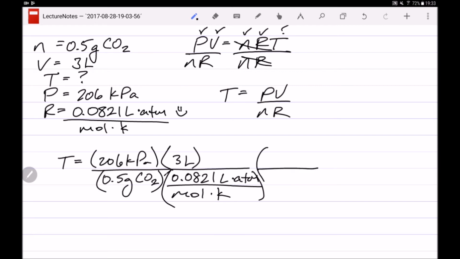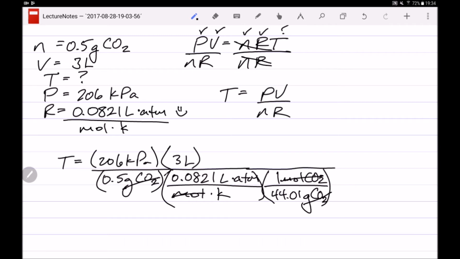Now we do moles to cancel with grams, except that we're working down here, I guess. So the molar mass is 44.01 grams of CO2 for every 1 mole of CO2. So mole cancels with moles, and grams cancels with grams.